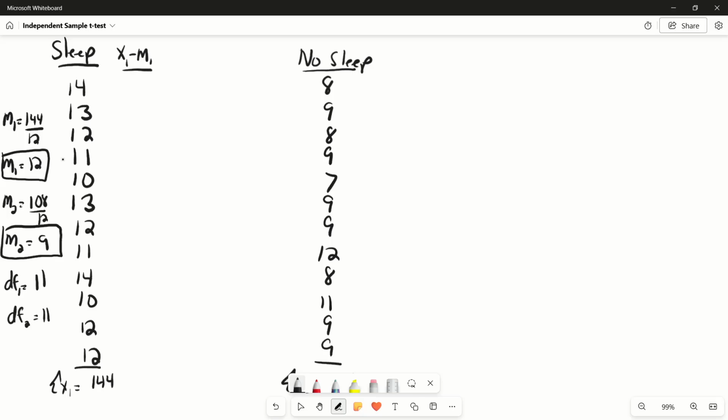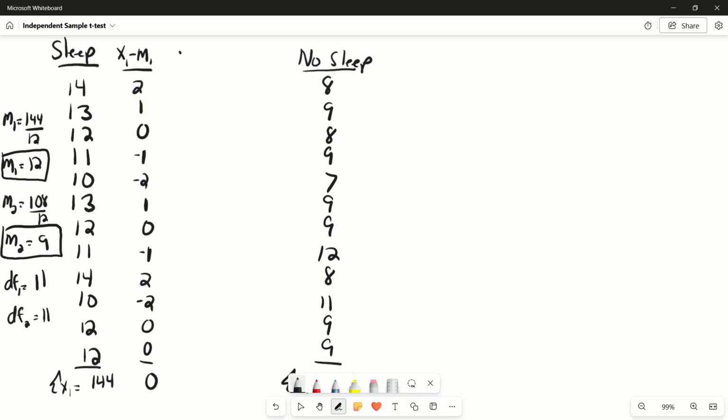For the sleep group, we're going to subtract 12 from each of these scores. Make sure this column adds up to 0.